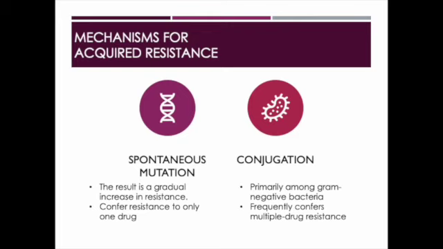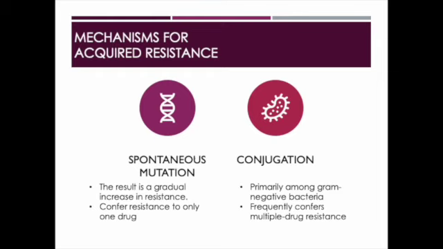However, conjugation is a process in which extrachromosomal DNA is transferred from one bacterium to another. To transfer resistance by conjugation, the donor organism must possess at least two unique DNA segments that code for the mechanism of drug resistance.